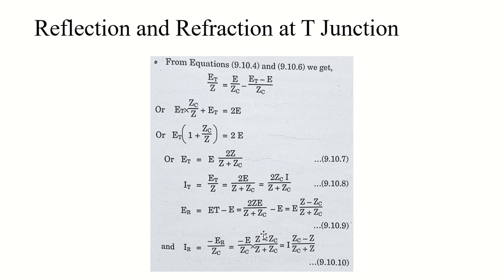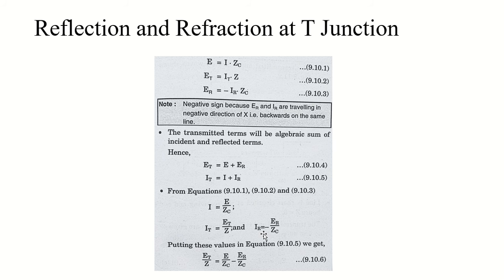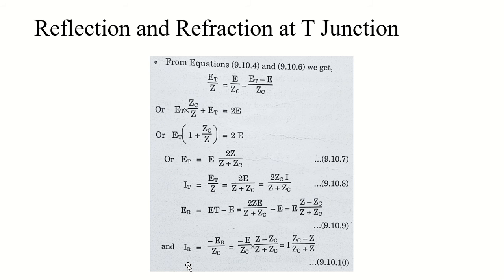And from the other two equations, let me tell you which two equations: the equation of the voltage, and based on this, the equation of currents, we can write ET by Z will be equal to E divided by ZC minus (ET minus E), because what is the value of ER, right?